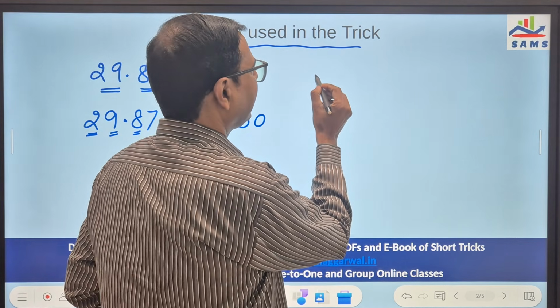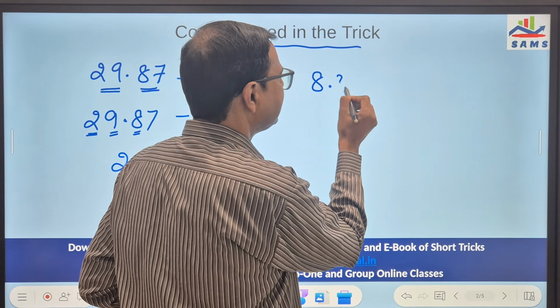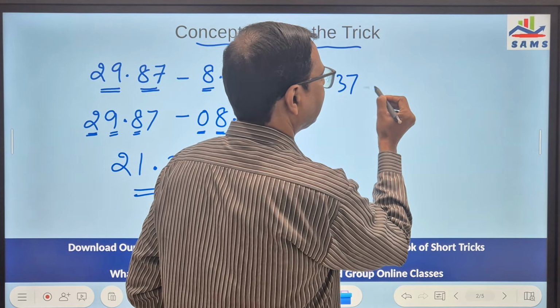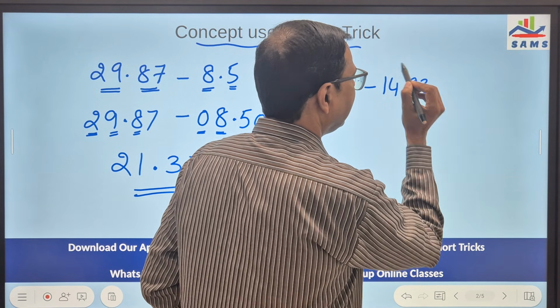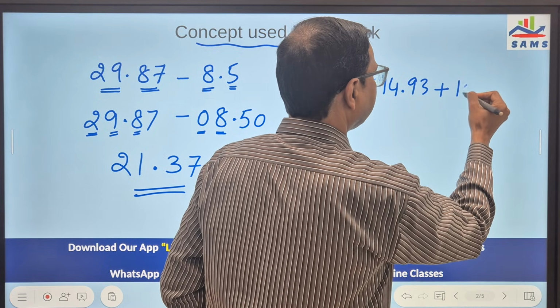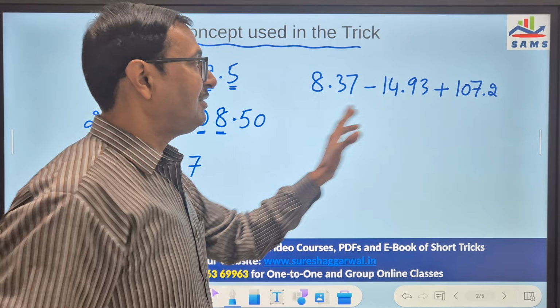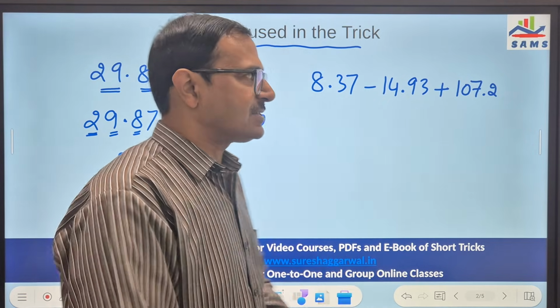How about doing, let's do 8.37 and then we have, say, subtract 14.93 and add, maybe let's take 107.2, right? See, it is highly imbalanced, so we need to balance it first.